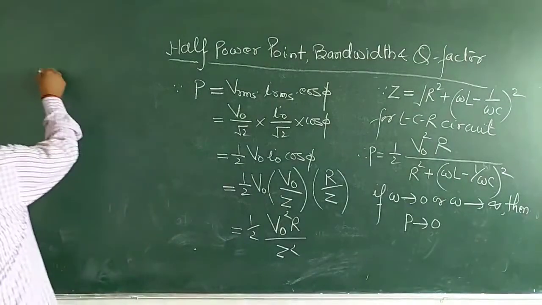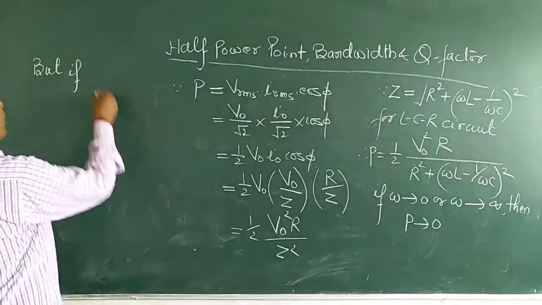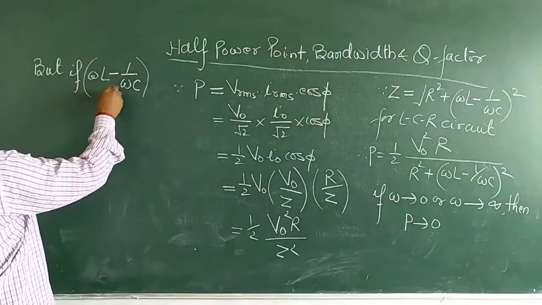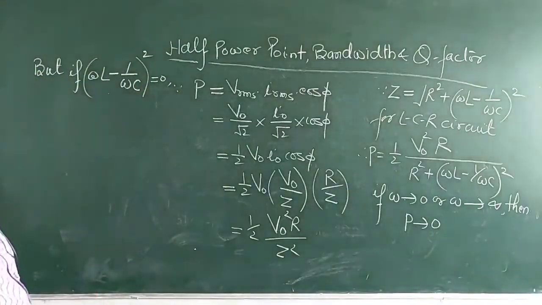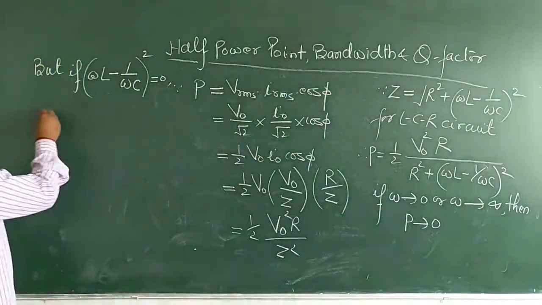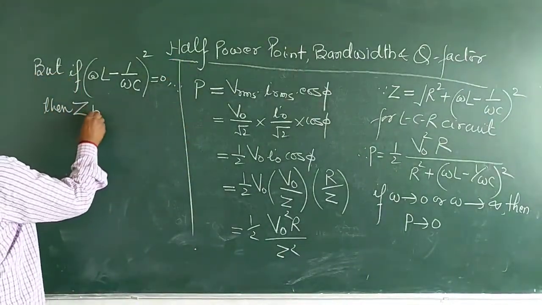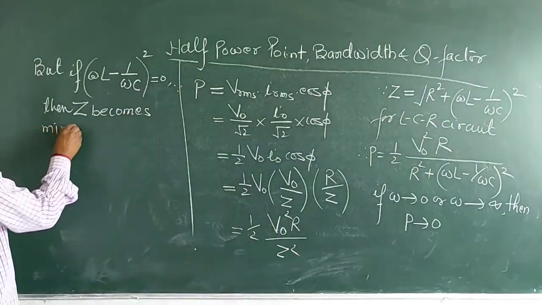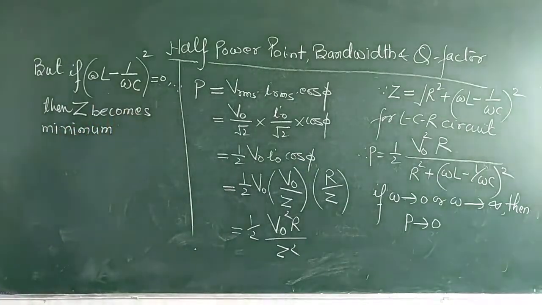But if omega L minus 1 by omega C whole square is equal to 0, then Z becomes minimum.